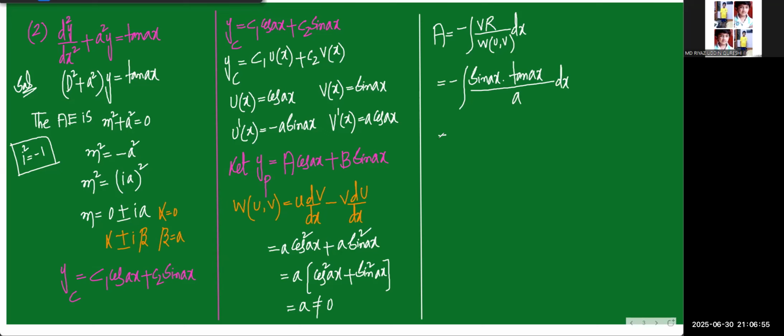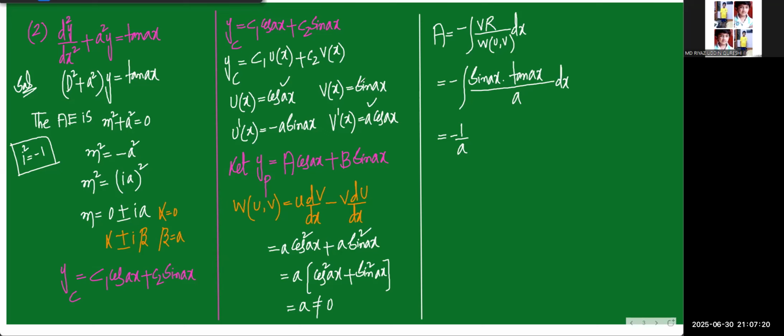Now, where did cos square ax and sin square ax come from? Above, u value is this one, into v dash. Multiply these two: a cos into cos square ax.